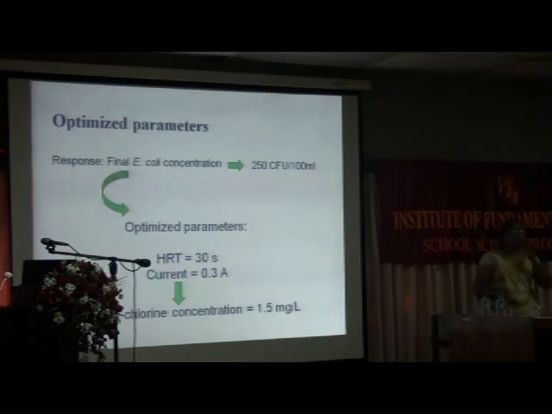Most of our ship owners in Singapore were very happy to hear that. Total residual chlorine concentration was 1.5 milligrams per liter, so you have some leftover chlorine after the reaction. This chlorine will kill leftover organisms. If any organism bypasses your system, this 1.5 you can use to kill it.